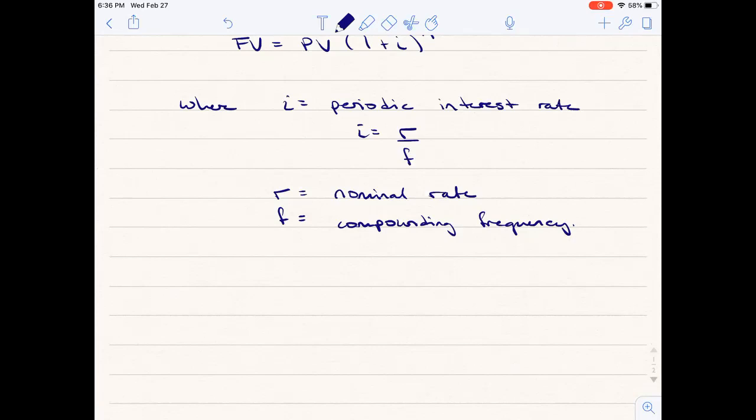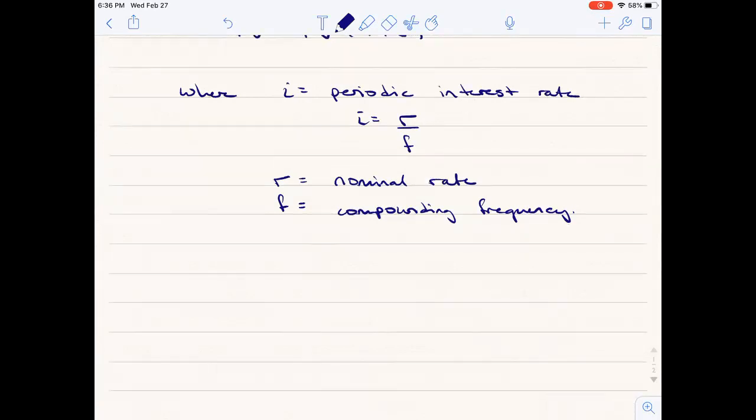Some main ones that we have to keep track of are semi-annually, twice per year, right? Weekly, 52, bi-weekly, 26, daily, 365, right? So we made that table last day, and you have to know those frequencies. It's just how often are we compounding, right?